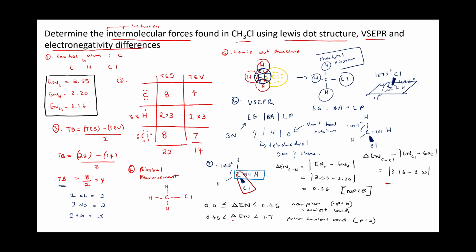If we calculate this value, it should give us 0.61. So according to our scale, according to this interval, we can tell that this is a polar covalent bond. So that means that a dipole moment is generated.